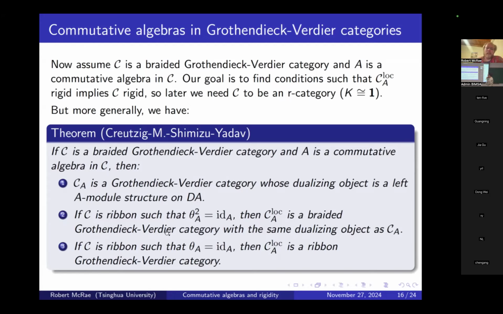It could mess up the statement about CA loc, because the old ribbon twist might not be compatible with the new dualizing object of C. Theta might not give you a ribbon structure on C with the new dualizing object. Yes, okay. Thank you.